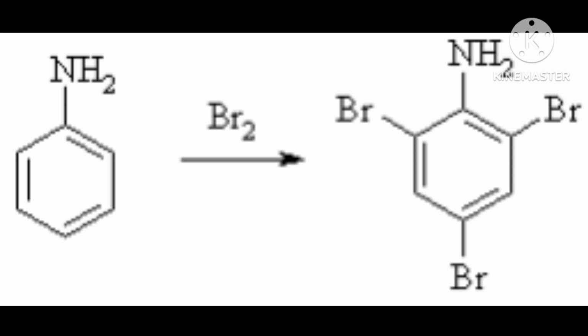If we have to prepare a monosubstituted aniline derivative, how will we make it? How can the activating effect of the NH2 group be controlled? Now it is tri-substituted, di and tri. But suppose you want monosubstituted, then you have to control it. Then how will you control?